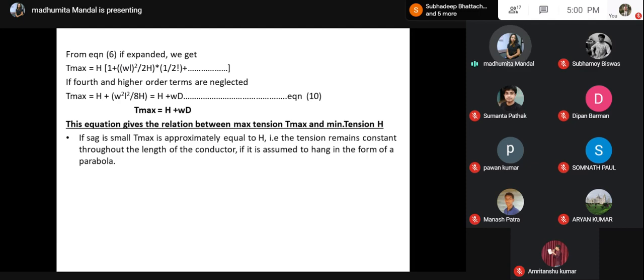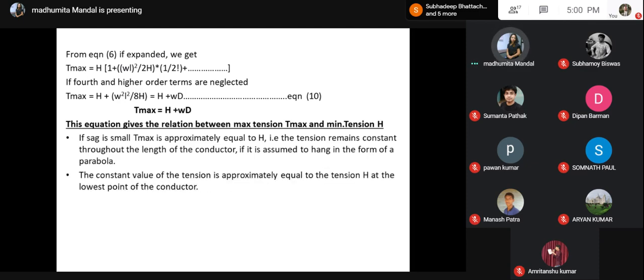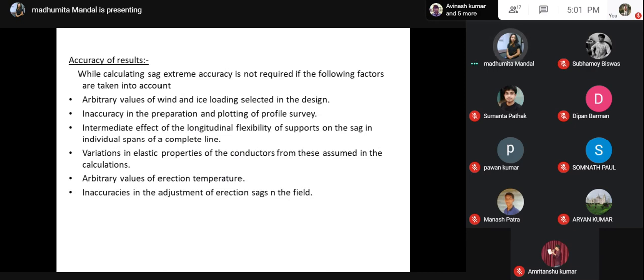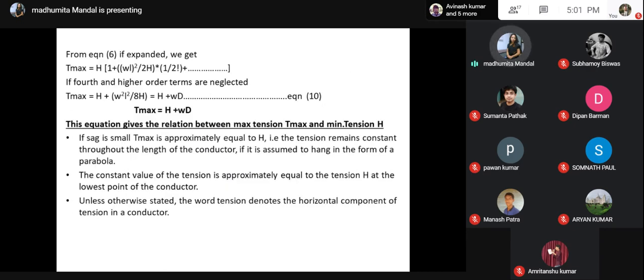Now, if the sag is small, then T max is approximately equal to the value of H. That means the tension remains constant throughout the length of the conductor if it is assumed to hang in the form of a parabola. The constant value of the tension is approximately equal to the tension H at the lowest point of the conductor.